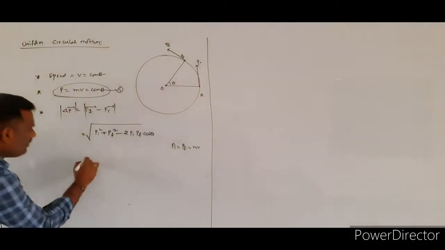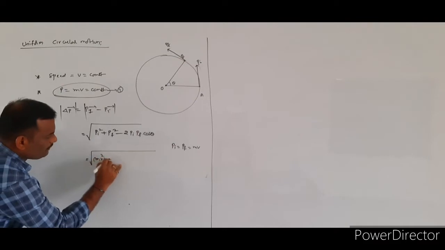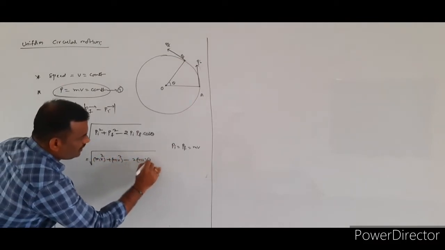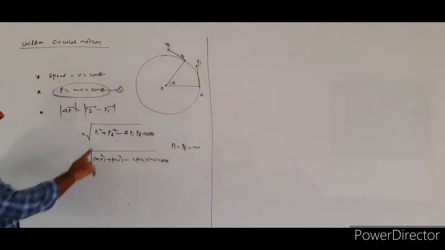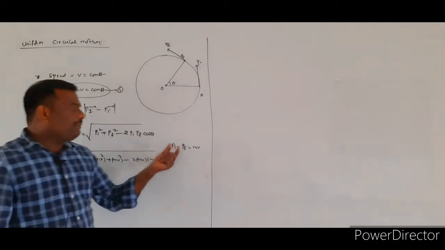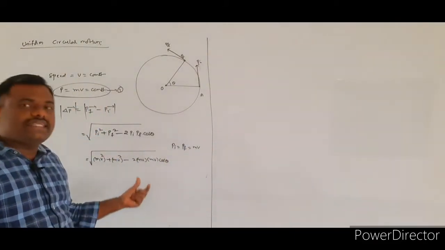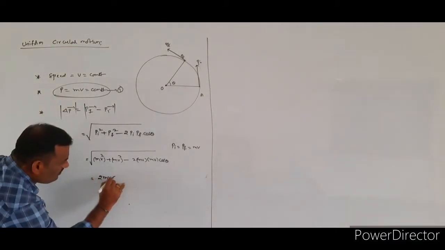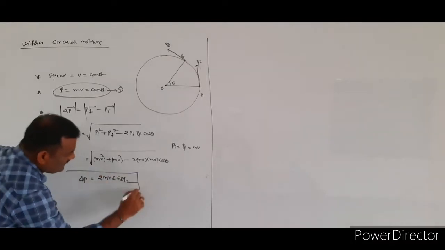Okay, so here we will write mv whole square plus mv whole square minus 2 mv mv cos theta. So in the place of either pi or pf, we write the value of mv, and if you simplify this equation, finally you get 2mv sin theta by 2.